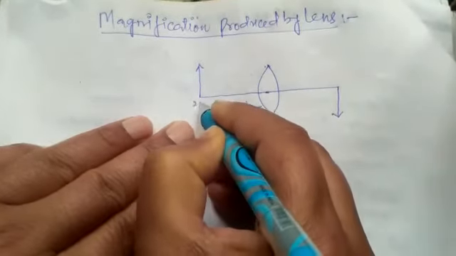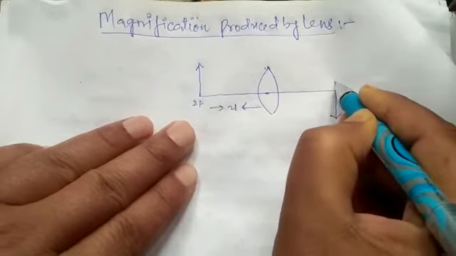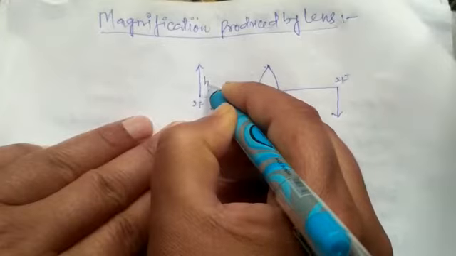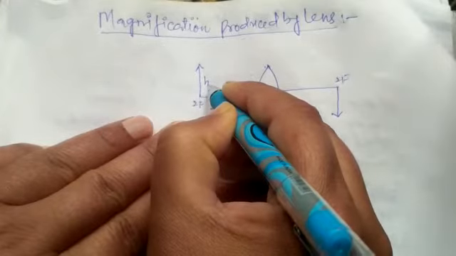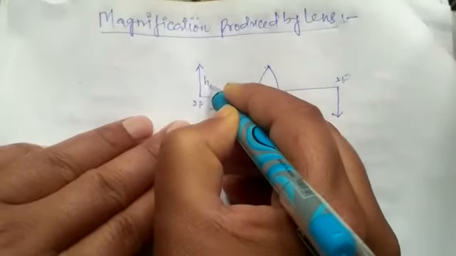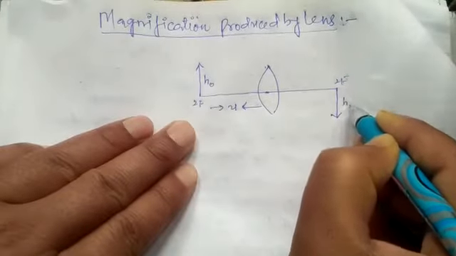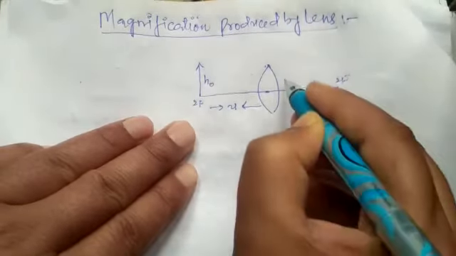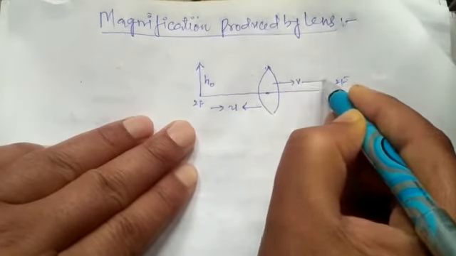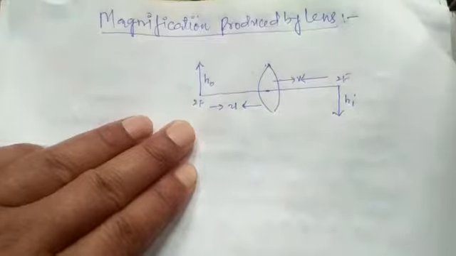If it is 2f, then it will be again 2f here. If it is having size ho, the size of object, then it is hi, size of image, and it is at a distance of v from the optical center.